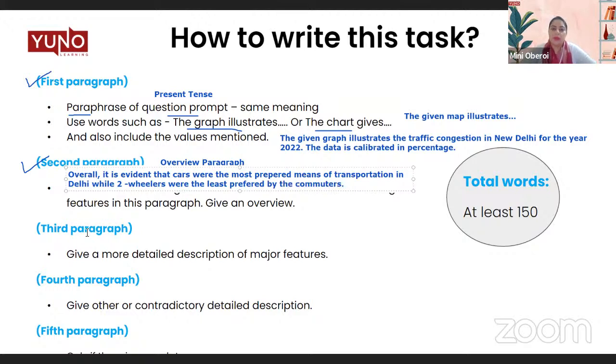Can you see the type of vocabulary we are trying to use here?